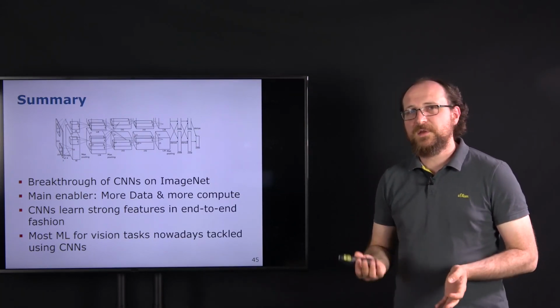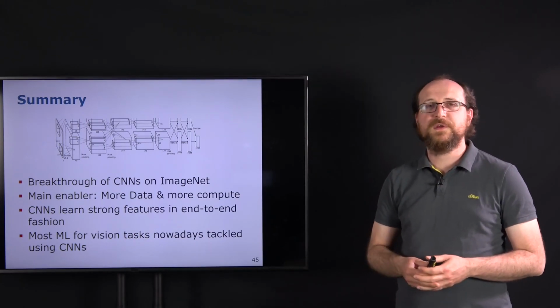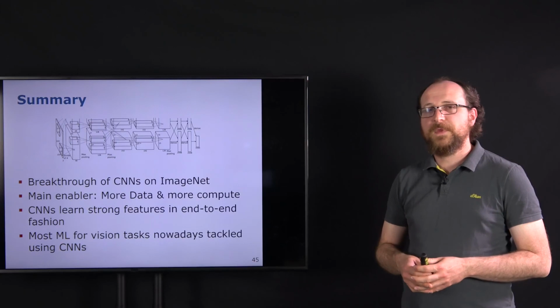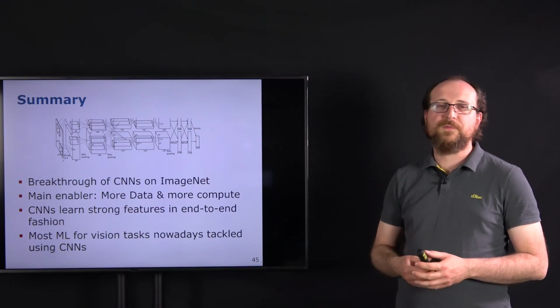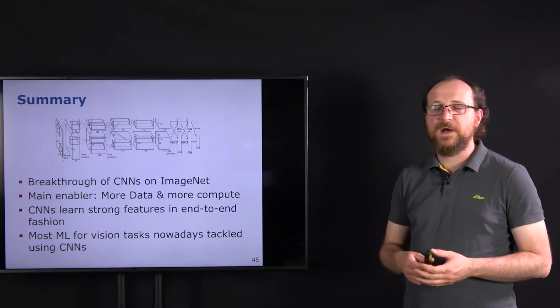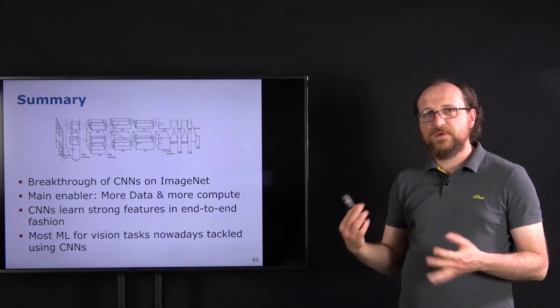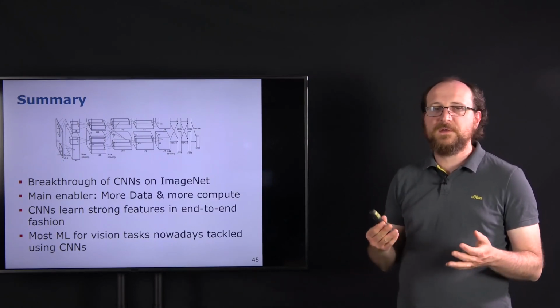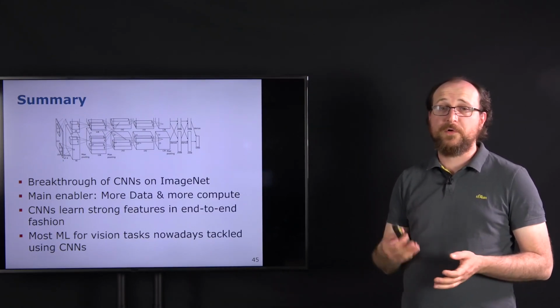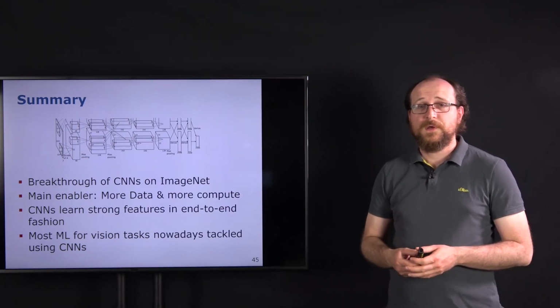And as I said, the main enabler of this performance on the ImageNet classification was that the data was available and that we had the compute available by using GPUs. And I hopefully convinced you that convolutional networks also learn very strong features and learn this in an end-to-end fashion.